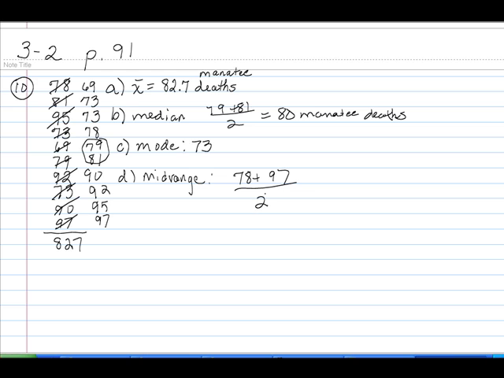So if I add 78 plus 97, 175 divided by 2 gives me 87.5 manatee deaths.